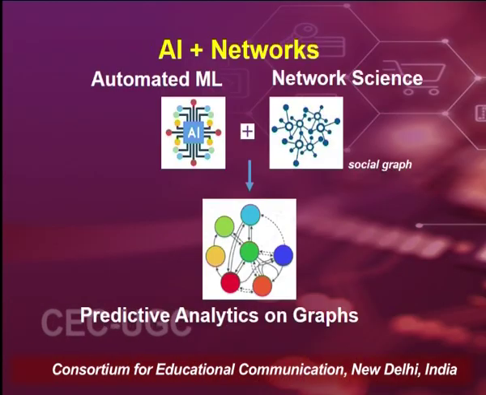These social graphs generate a huge amount of data. When it comes to social graphs, the data is of two types. It can be profile centric data, or it could be graph centric data. Profile centric data is the data associated with the people who are creating their profiles on social media.